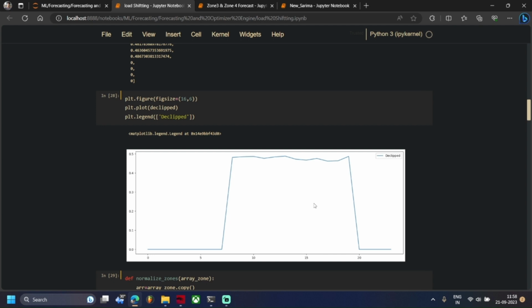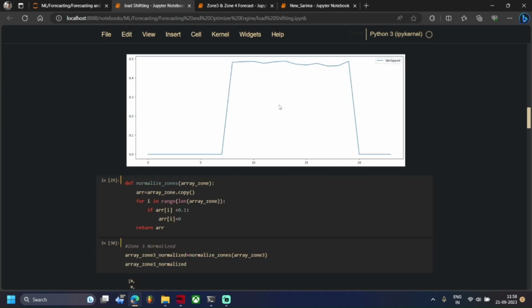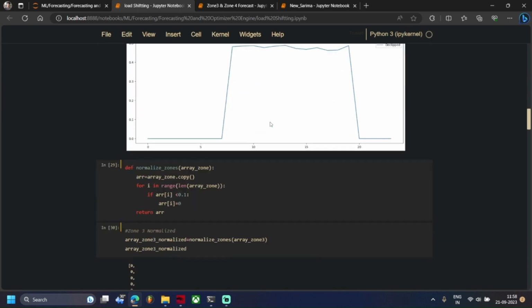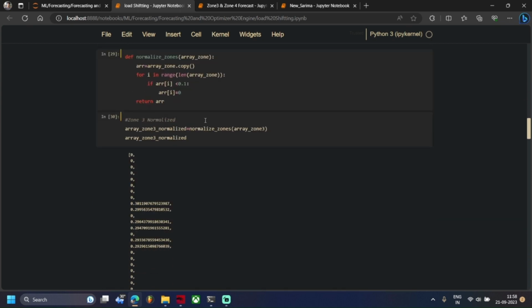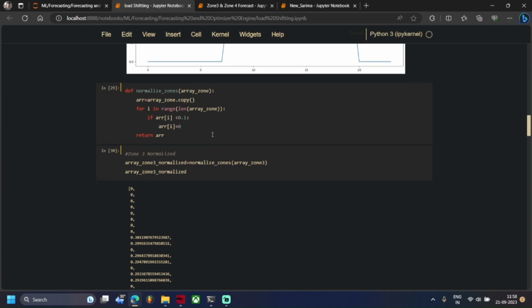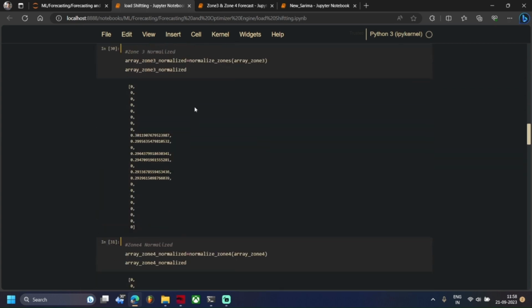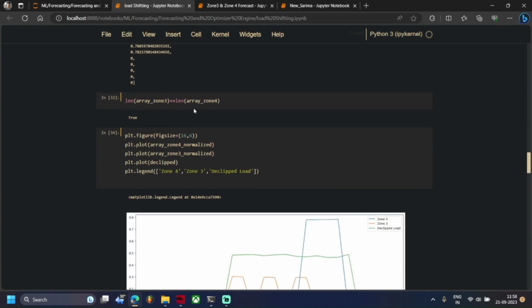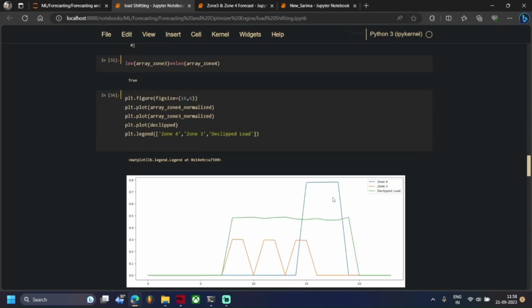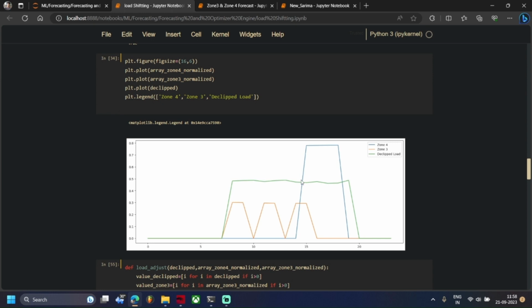For running a commercial unit, you have to have this load running for a constant period of time within the window. So now we will shift zone 4 and zone 3, and first of all, we normalize this. We have normalized all the discrepancies, as you can see over here, and after normalizing it, we have these two zones, 4 and 3, and we have to shift them in an optimal way.